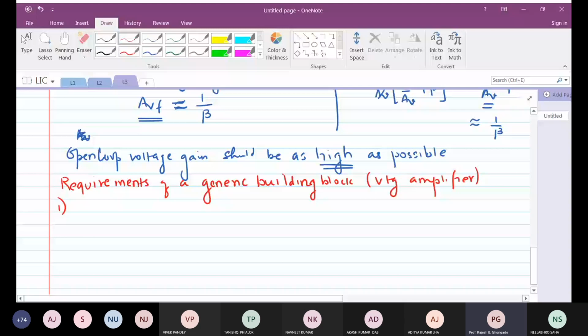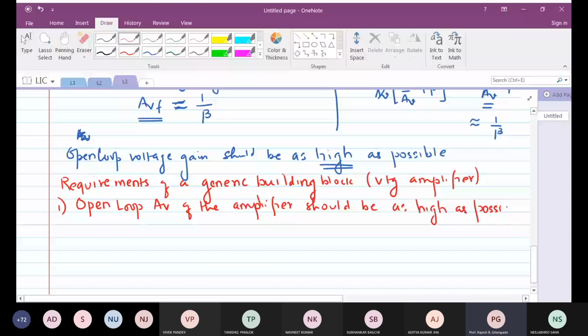Guys, the voltage gain should be very high. Don't say that, say open loop AV of the amplifier should be as high as possible.